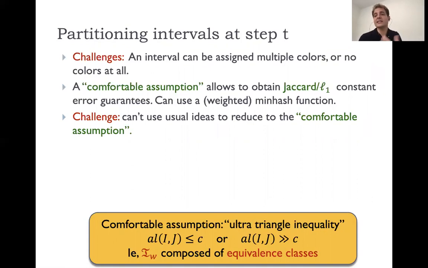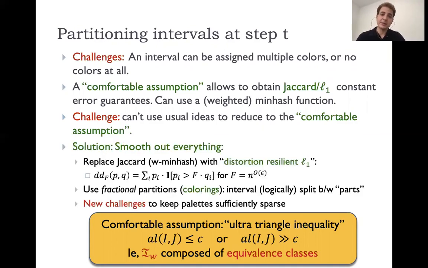This will give us an error that is at most a constant times whatever was already corrupted, already in the wrong partition, or whose cost was more than C. This is very nice under the ultra triangle inequality assumption. But if we don't have such an assumption, it's actually not so easy, and we could not apply the usual idea to make it work.